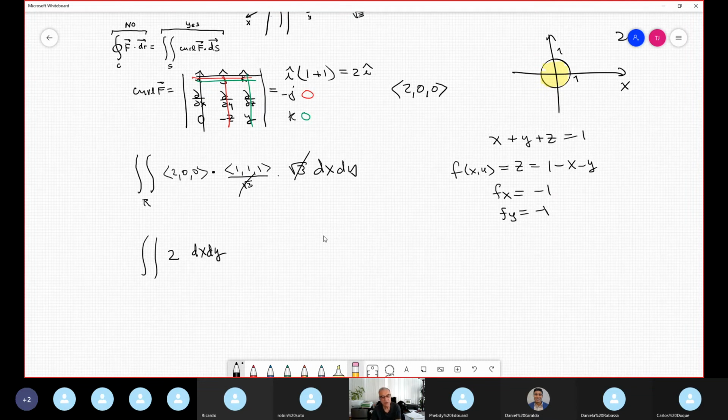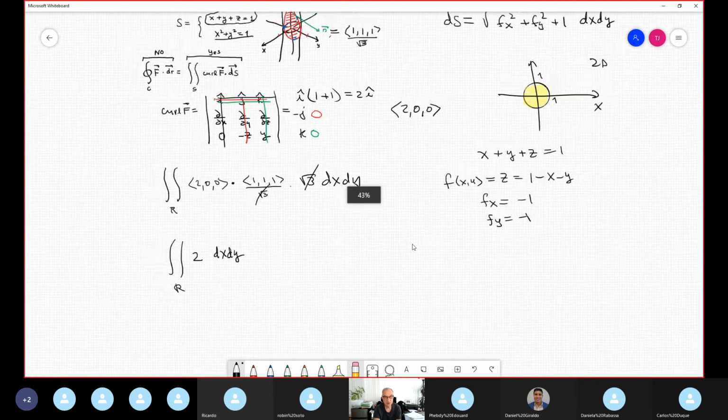Wow, too easy. Now, is it necessary or not to do it in polar? What do you think? It's the region R. So my surface integral. Remember the beauty of this.